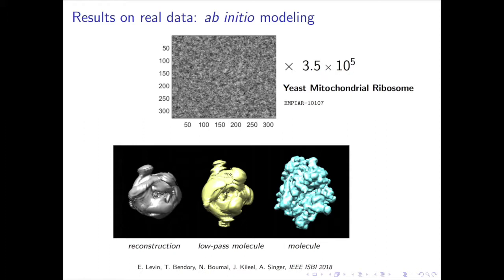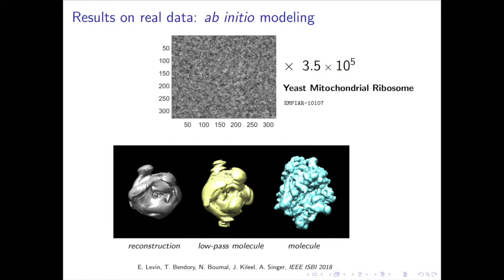We expanded this molecule up to a certain band limit. The yellow is the low pass of the ground truth up to the band limit that we were trying to solve for. So we were trying to get the yellow. The gray is what we obtained. And you can see that the gray does quite resemble the yellow. This procedure isn't the best.